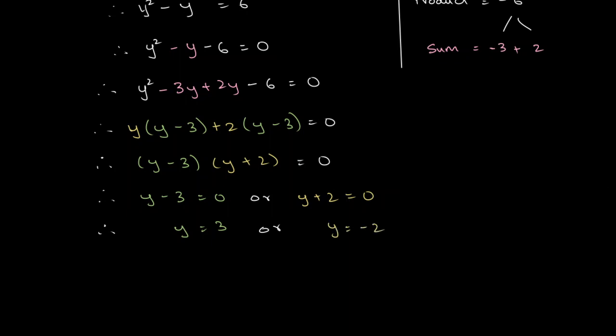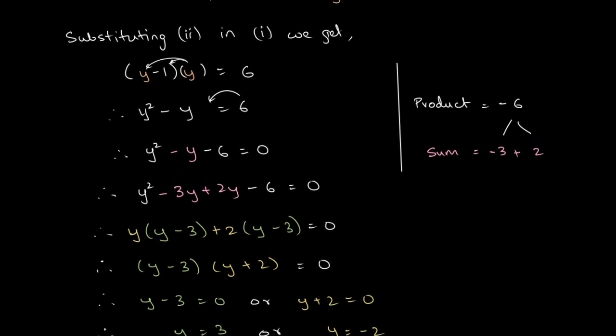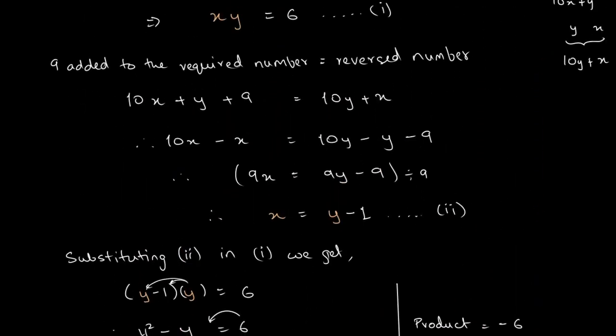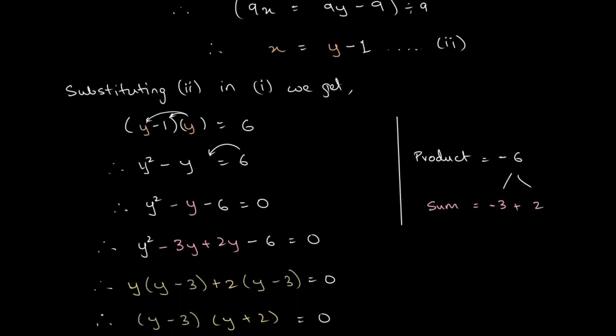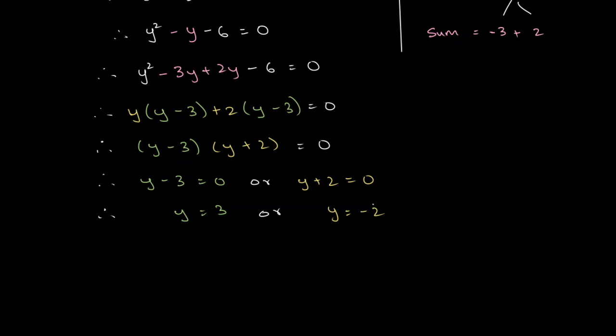Okay, now what is y? What are x and y over here? If you notice, x and y are nothing but just the digits in the number. Now the digits in a number can never be negative, so y equal to minus 2 will need to be rejected. So we can say digits cannot be negative.